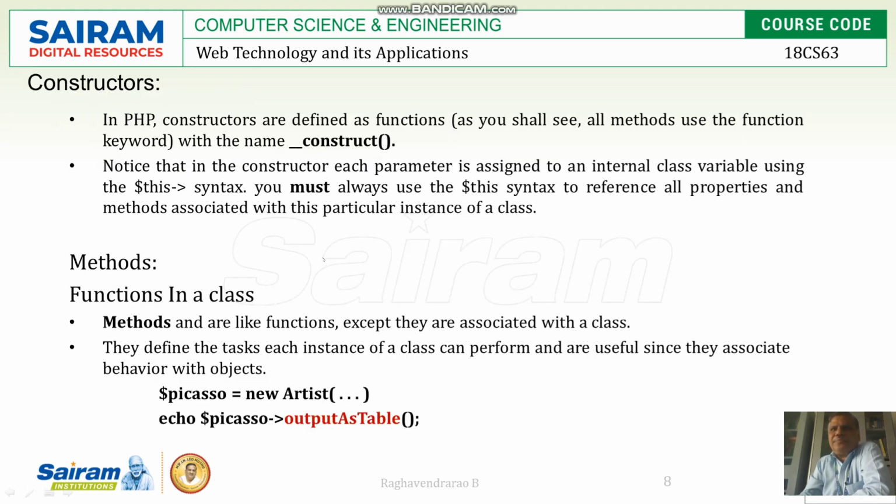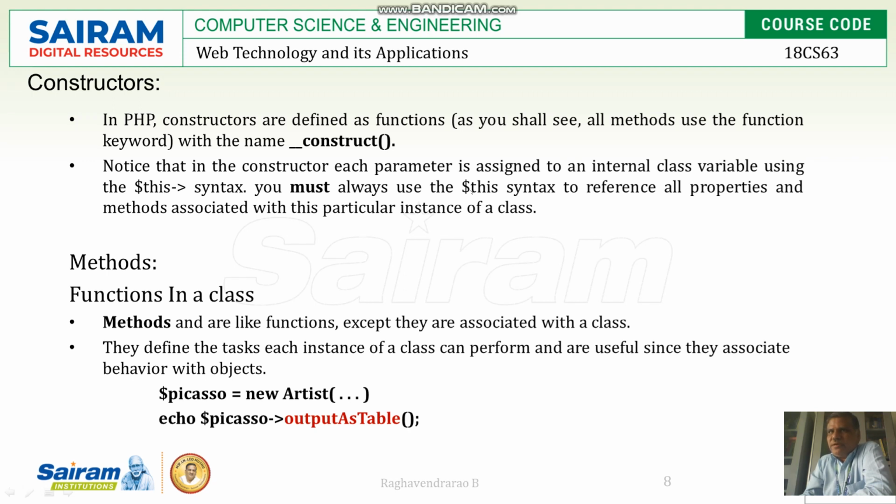Next is about the constructor, which can be defined as a function. Construct is a keyword that you are going to use. In the constructor, each parameter is assigned to an internal class variable using this. So you must always use the $this.